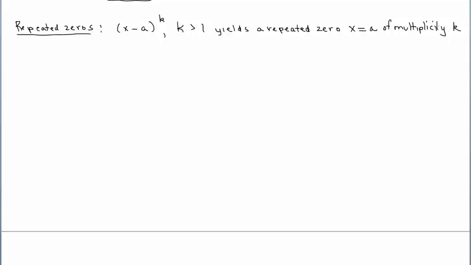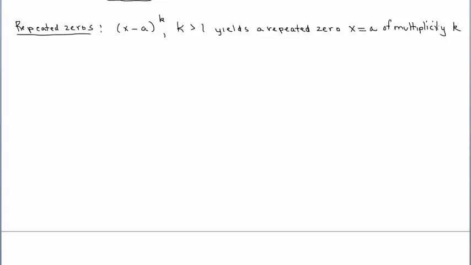That means you have repeated zeros. It means if you were to factor and you have an exponent once factored of k greater than 1, like 2, 3, 4, 5, that zero that you're going to have from this factor occurs k number of times.